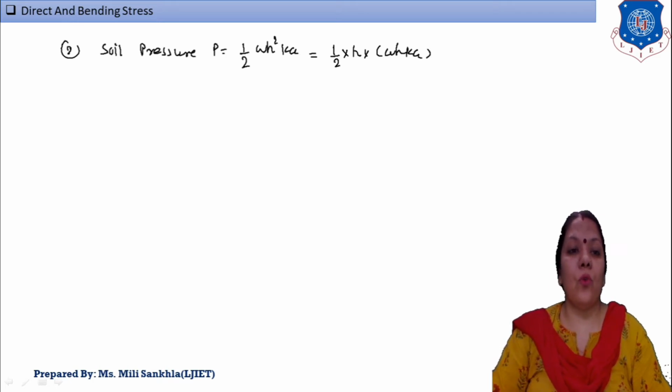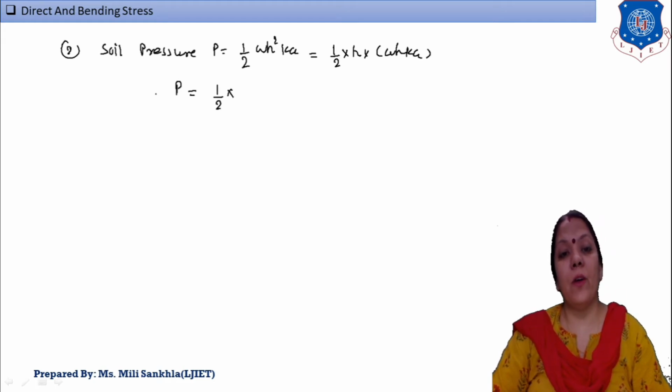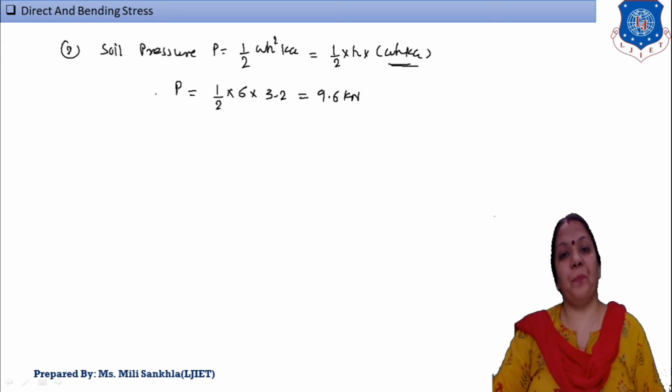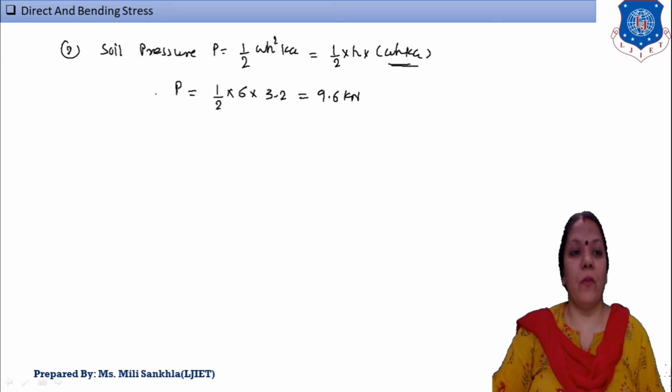So soil pressure P is equal to 1/2, then H, the height of the retaining wall, 6 meter, and w h Ka value is equal to 3.2. Now my answer for P, that means soil pressure, is equal to 9.6 kilonewton.